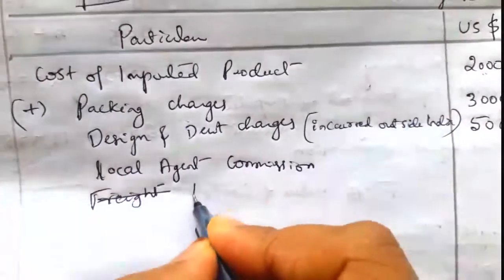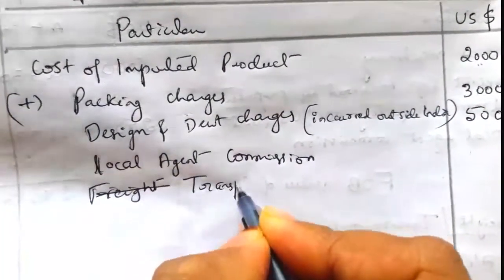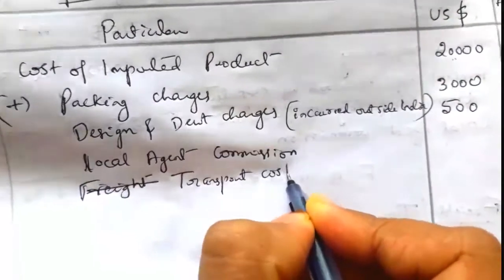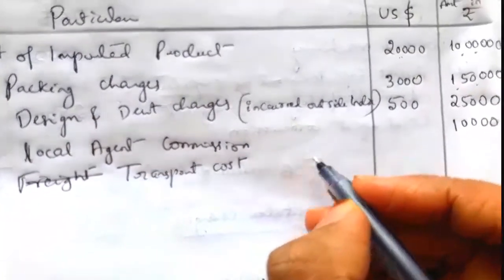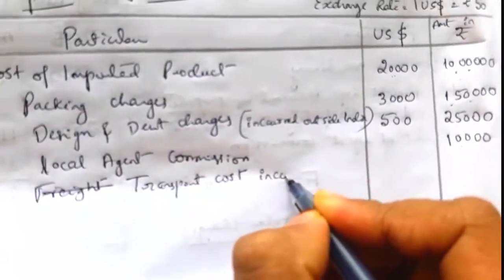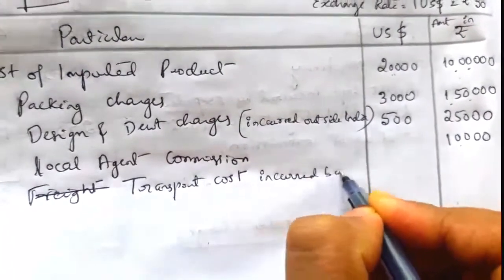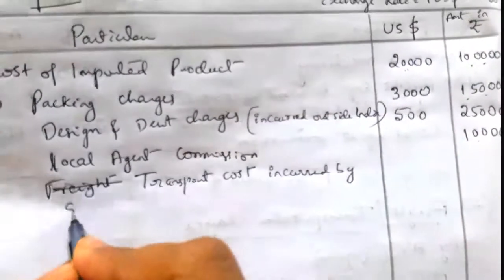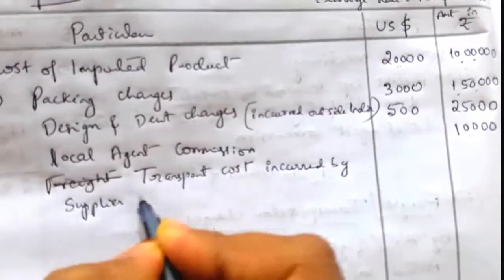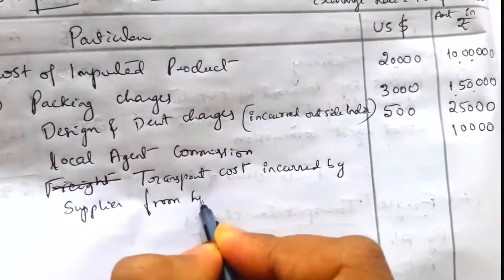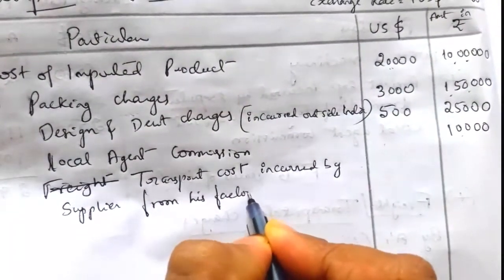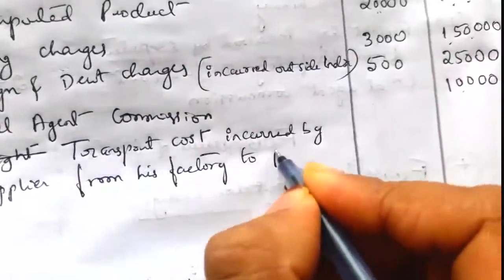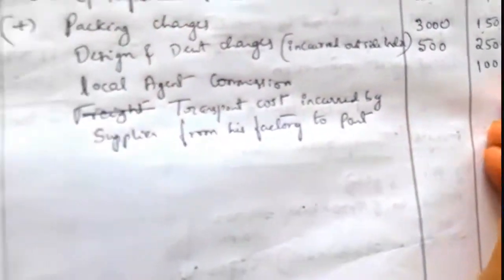Don't get confused, write the same word that is given in the illustration. Transport cost incurred by supplier from his factory to port. To port means it is an expense incurred by the exporter.